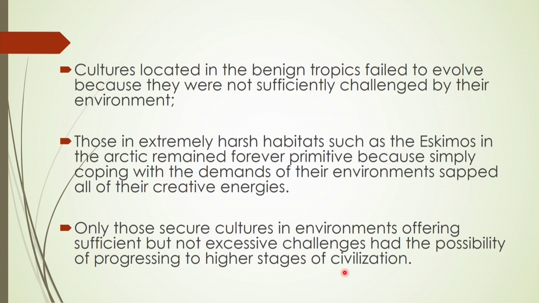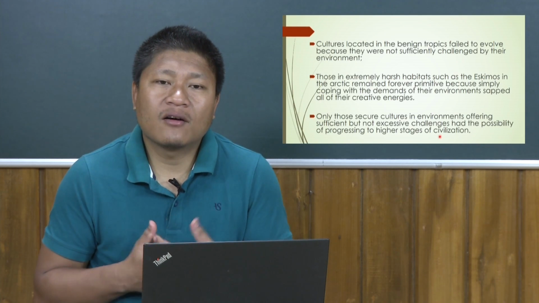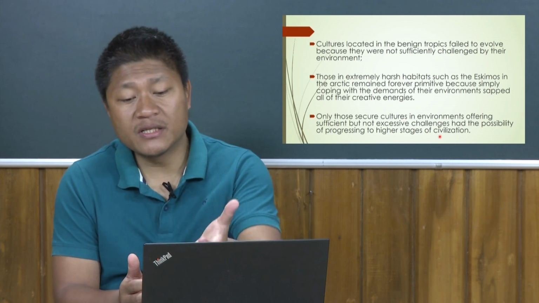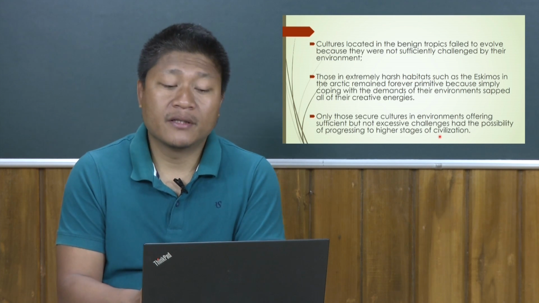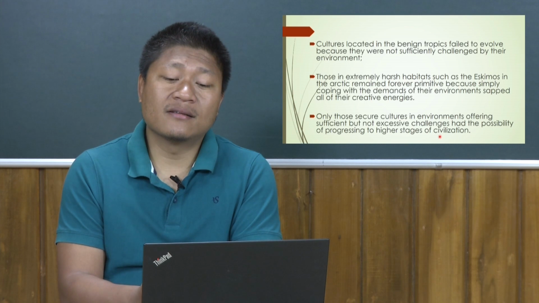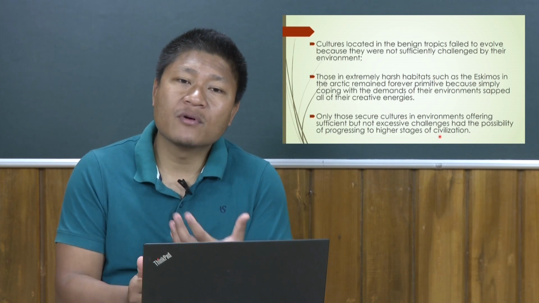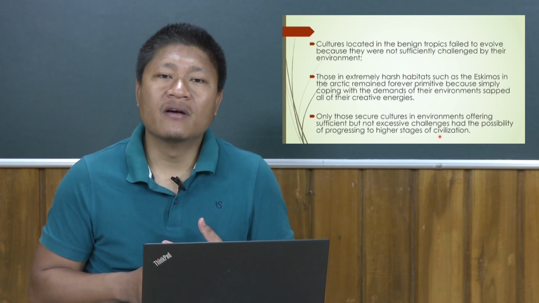Secondly, as we cited the example of the Eskimos in environmental determinism, since the Eskimos inhabit extremely harsh environmental conditions, they tend to be far away from civilizations, and they are considered primitive because of the coping demands, or the kind of adaptations created by the environment. Those cultures where the environment offers sufficient but not excessive challenges had the possibility of progressing to higher stages of civilization.